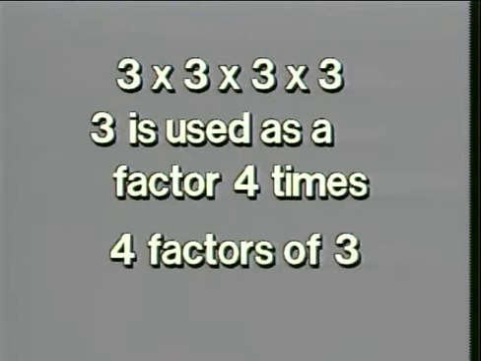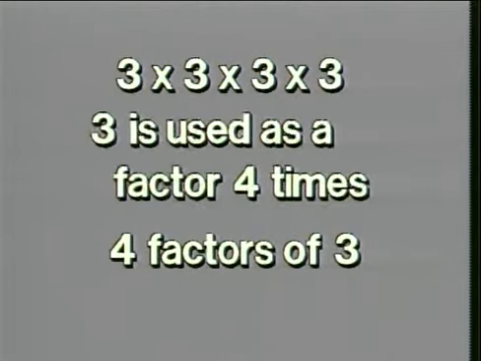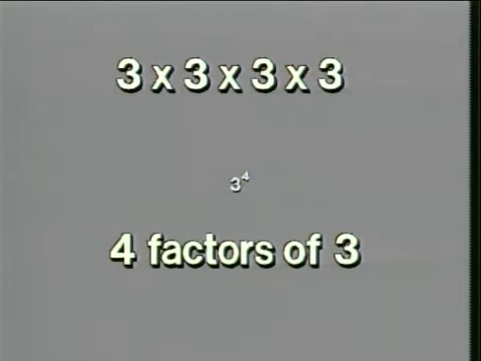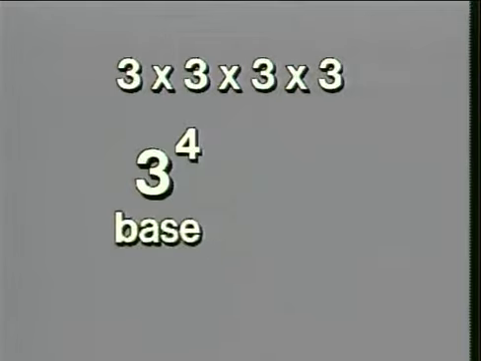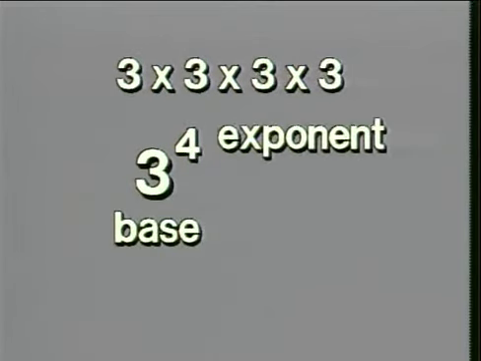We have 4 factors of 3. That situation can be indicated like this, with a 3 and a little raised 4. The 3 is referred to as the base, and the 4 is referred to as the exponent. The exponent simply indicates the number of times that the base is used as a factor. That's all it's telling us.